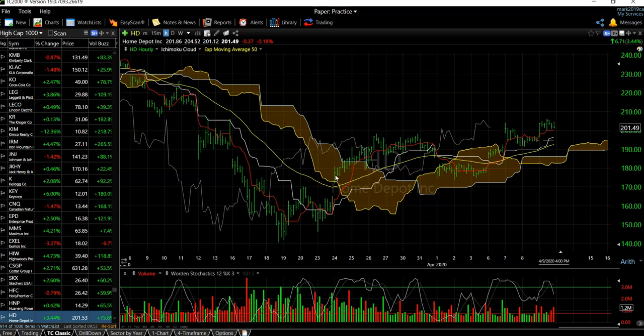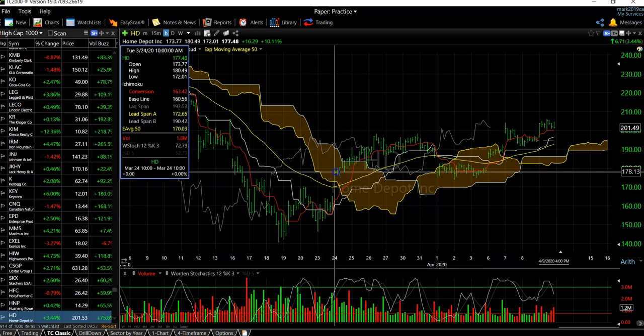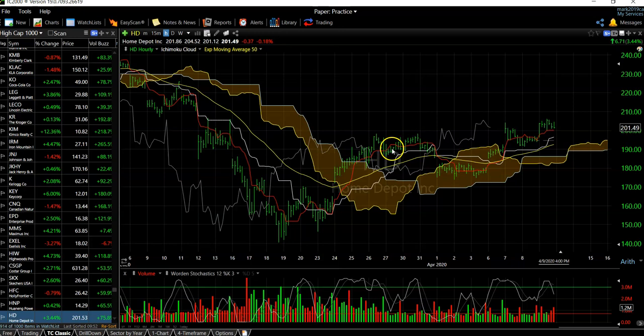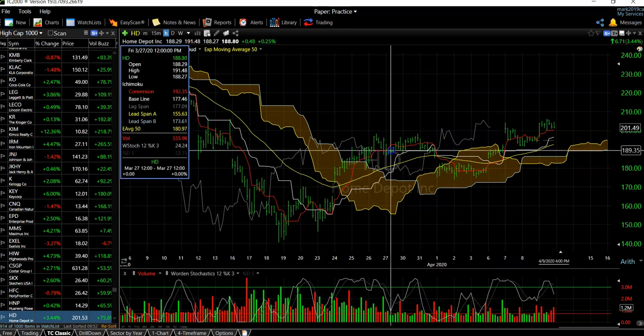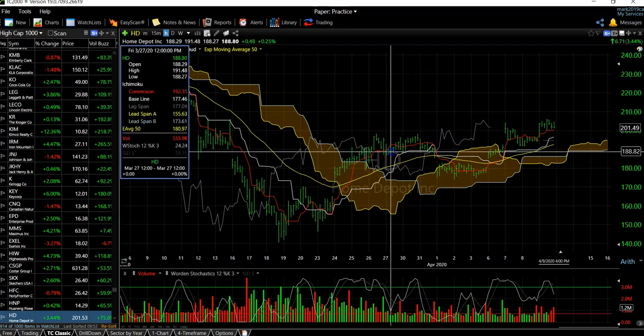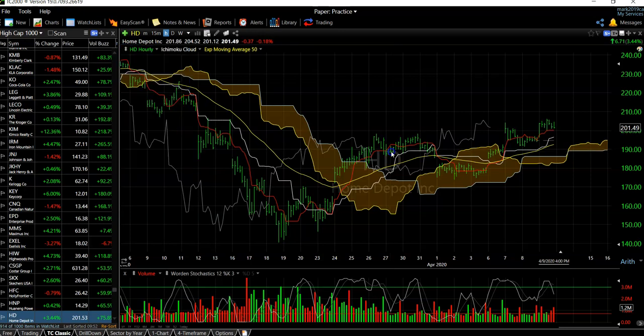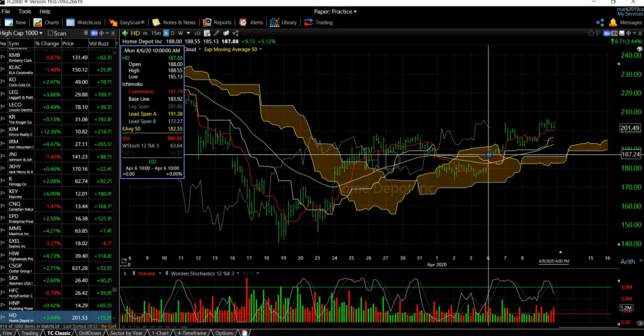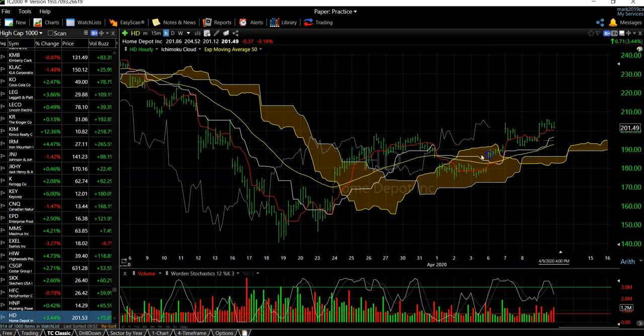Now again, if you had bought at 177, you could have sold it when it crossed our red conversion line at around 189, 188, somewhere around that range. Or you could have just waited, let it dip a little bit, and again it crossed our 50-day moving average at 187.